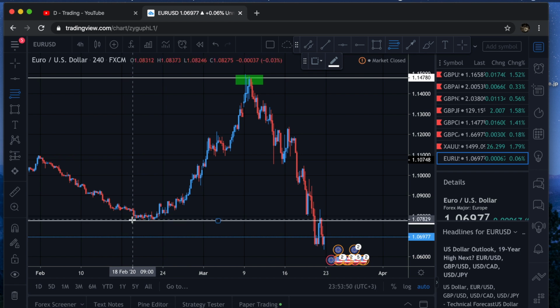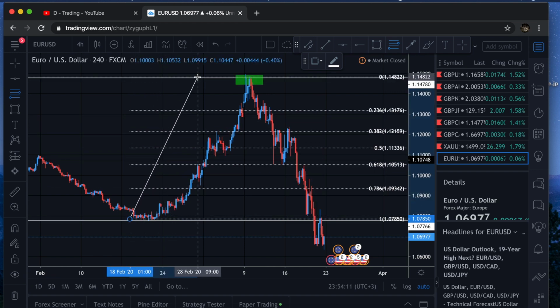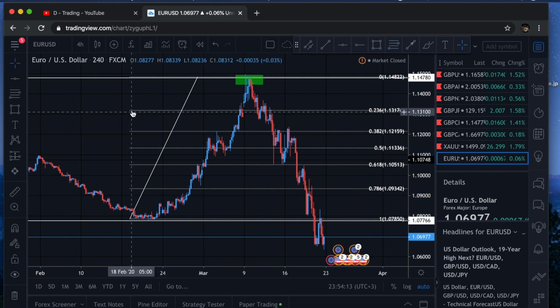You can start at the wicks or you can start at the start of the body of a candle. It doesn't really matter. Both ways of drawing Fibonacci are the right way. There's no wrong way of drawing Fibonacci. So what you want to do is start at the start of an uptrend and take it all the way up to the end of the uptrend, just like the movement of the uptrend.